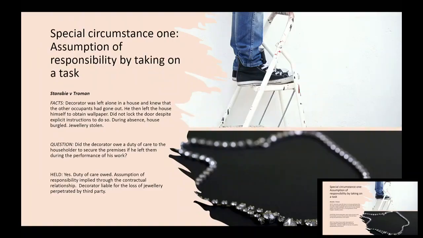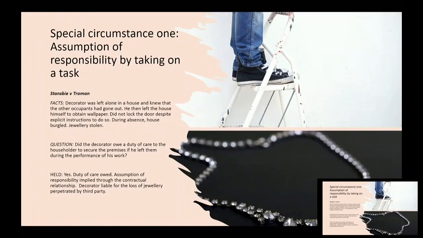Now, this contractual relationship didn't need to expressly state that he would lock up when he left. That was implied into the relationship between them, where he would be left alone in the house to decorate. Okay, so he was liable for the theft.